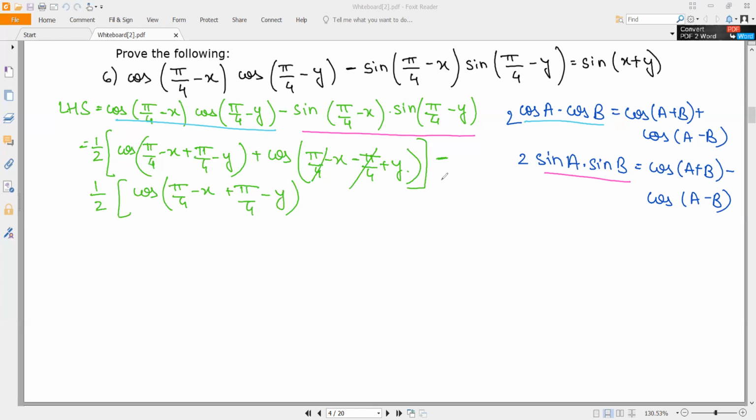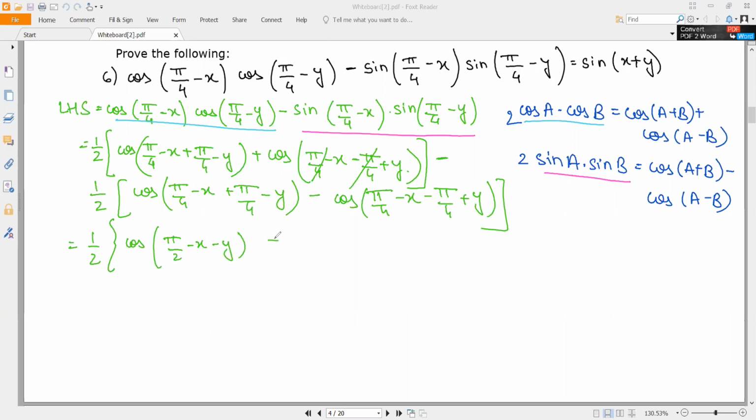Observe this is 1 by 2 for both. So in the next step, we'll take this 1 by 2 common. We have cos, where it should be minus according to the formula, pi by 4 minus x minus pi by 4 plus y. This will be equal to, taking 1 by 2 common, you have first term cos of pi by 4 plus pi by 4 is pi by 2 minus x minus y plus cos y minus x. Is it true?